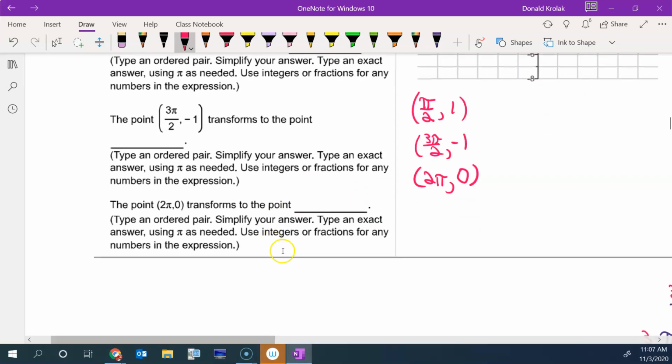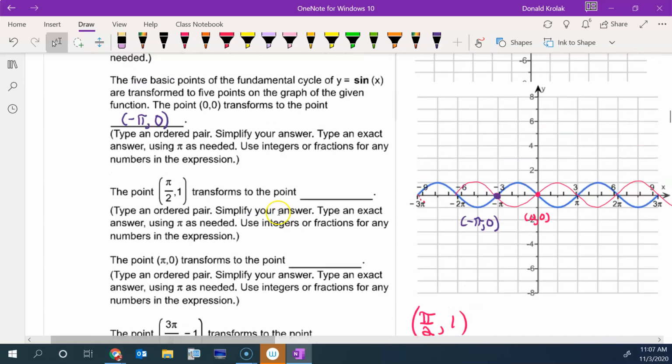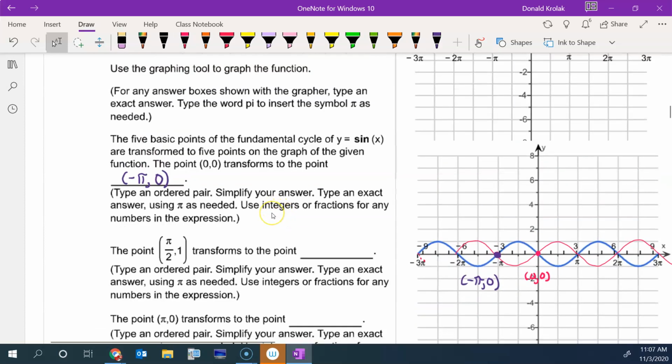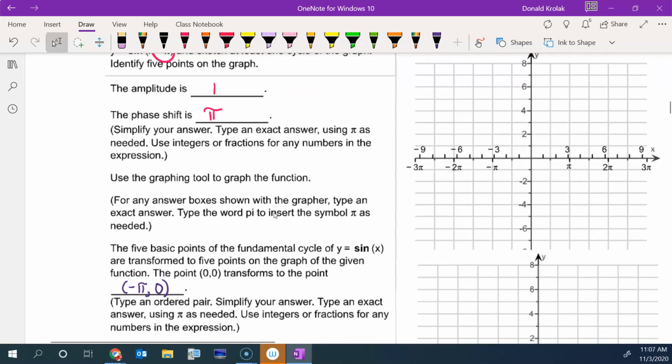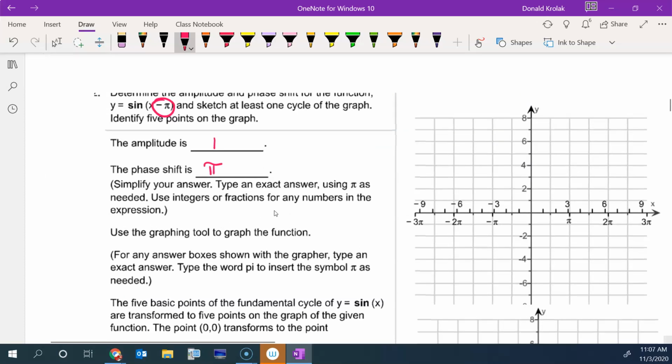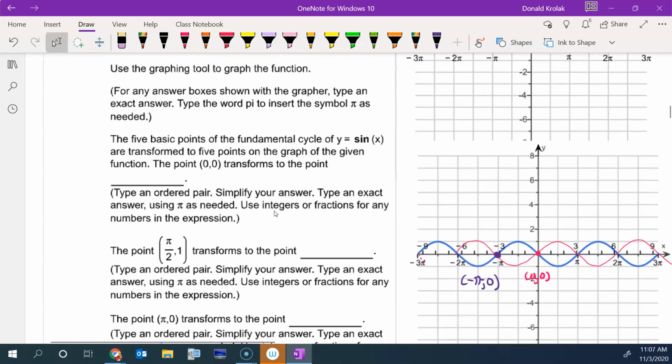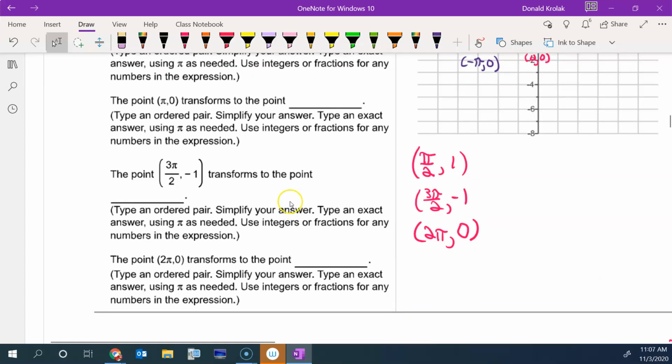I'm going to take each one of these and I am going to add, or which way am I moving? I'm sorry, I messed mine up here. I'm sliding to the right. So here are my points. If I'm sliding to the right, I'm going to add pi to each one of these.